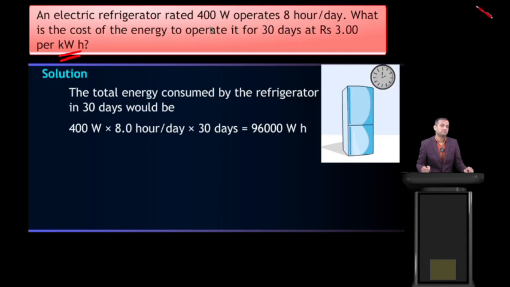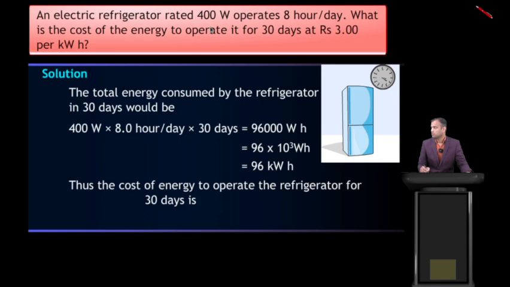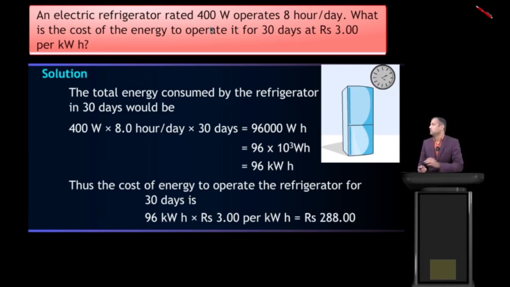Yes, we will divide this by 1000, because we know that 1 kilowatt equals 1000 watt. Now it is written as 96 into 10 to the power 3, or 96 kilowatt hour. Now the cost of the energy to operate the refrigerator for 30 days, so multiply 96 with 3, it is again 288. So it means if you operate an electric refrigerator for 30 days, you have to pay rupees 288.